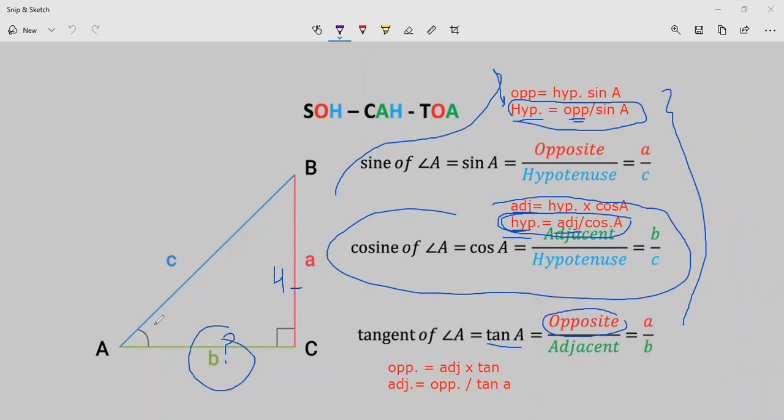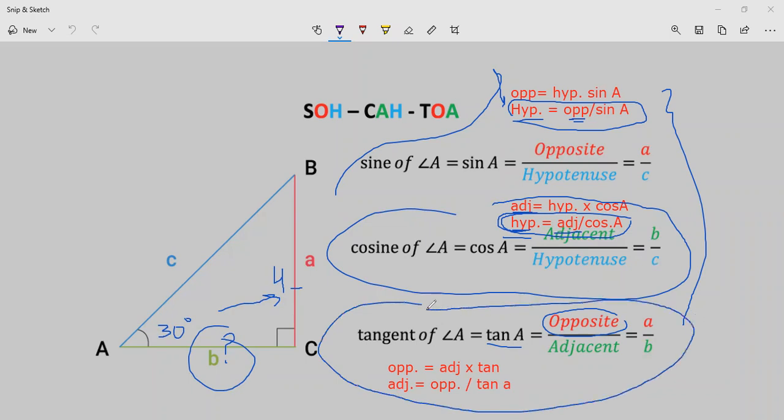The adjacent, and this angle is 30 degrees, or whatever the angle, because I use the calculator. Now, this side is the opposite, which is known. This side is missing. So directly, my eyes will go to the third rule, which is the tangent, or tan. Tan relates the opposite to the adjacent, but I need to find which side.